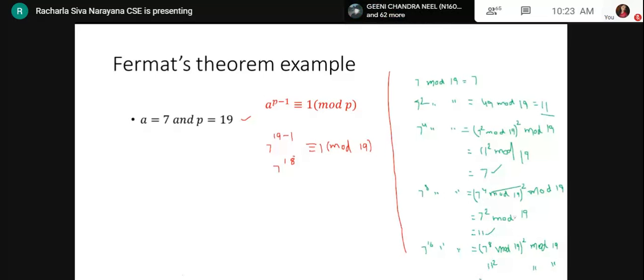So 11 square mod 19 means 7. Now we need 7 power 18. So 7 power 18 is congruent to 1 mod 19. This means 7 power 18 mod 19 is equal to 1 mod 19.